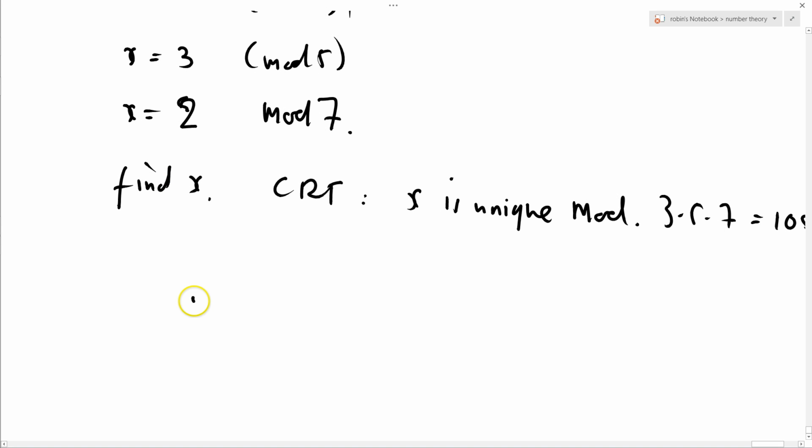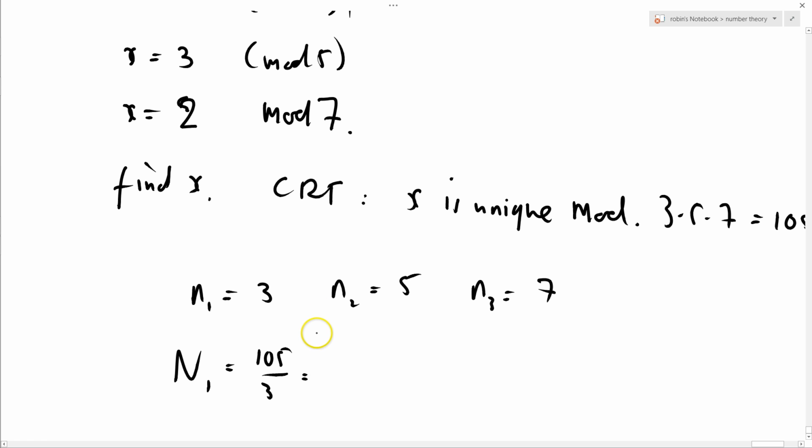Okay. So how do we do this? Well, we've got n1 equals 3, n2 equals 5, and n3 equals 7. So capital N1 equals 105 over 3 equals 35, of course. Oh, of course, it's 5 sevens. N2 equals 3 sevens of 21, and N3 equals 3 fives of 15.